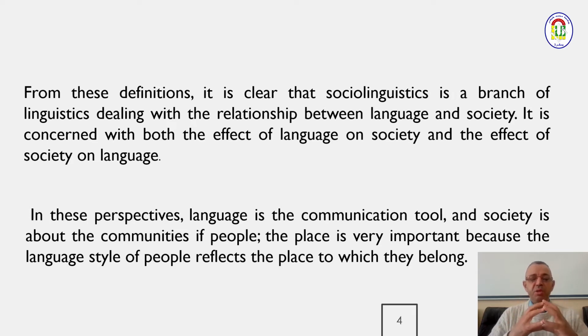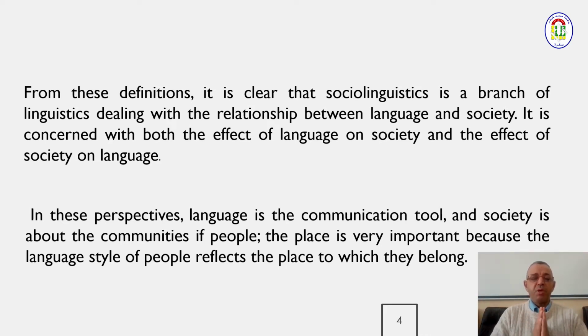Here we are concerned with the phonological, morphological, syntactic, and semantic description. In other words, it is concerned with phonology, phonetics, morphology, syntax, and semantics. Within this internal description, the focus is only to describe language without paying attention to any external factor.